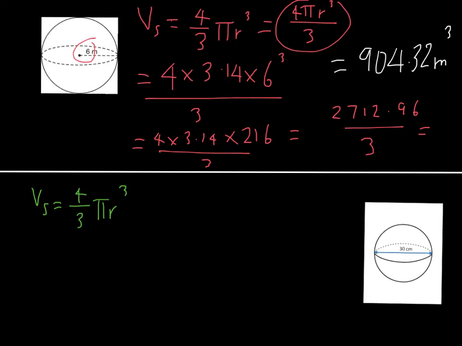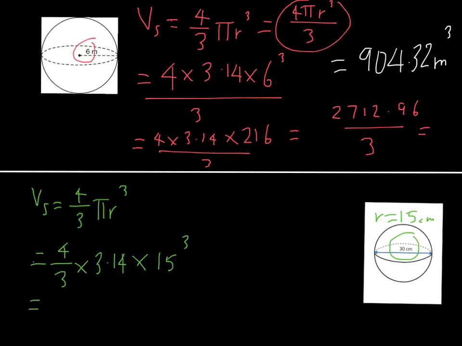With the second sphere, we have a diameter of 30 centimeters, so we know the radius is half, so the radius is 15 centimeters. So let's now use this formula. So it's going to be 4/3 times pi, which is 3.14, times the radius cubed, which is 15 cubed.